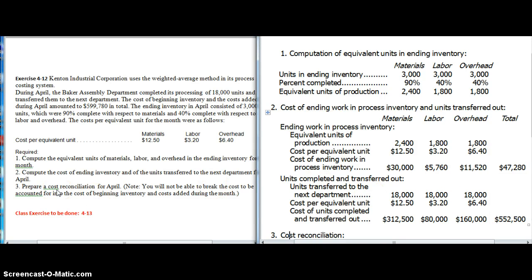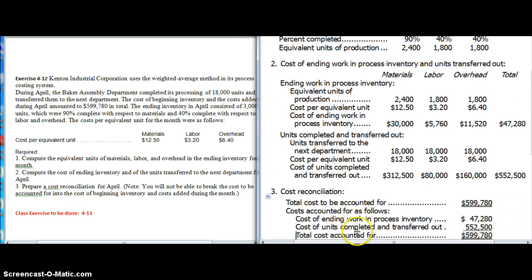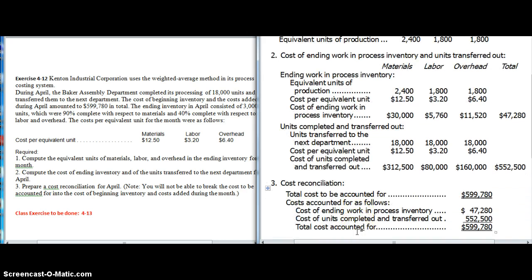Now, the last question is something which you have not done before, and you'll be doing it for the first time in this question. You have to prepare a cost reconciliation for April. Let's take a look at how the cost reconciliation is done. For a cost reconciliation, you first have to bring down the total cost given in the question.